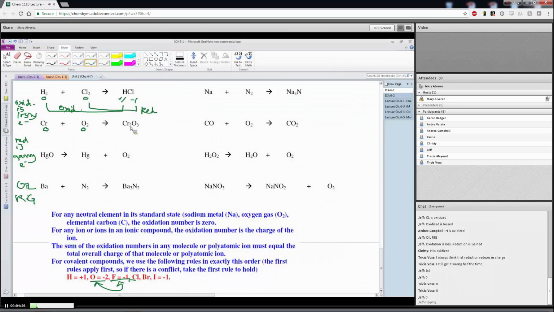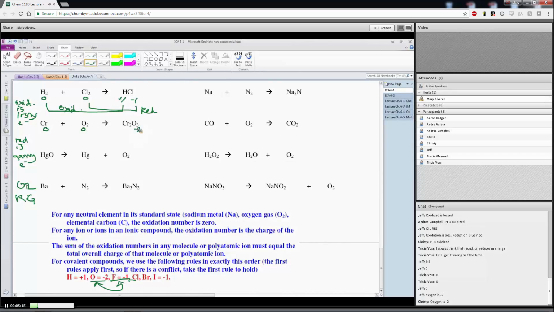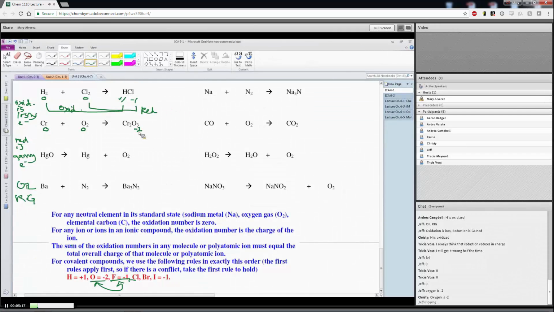So what do we know about this compound? Oxygen is -2. In an ionic compound, oxygen will always be -2. So since there are 3 oxygen atoms and they are each -2, that's going to give us a total negative charge contribution of -6, which must be balanced out by the positives.